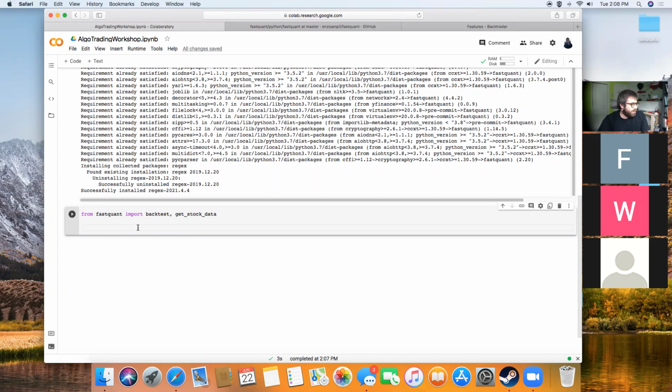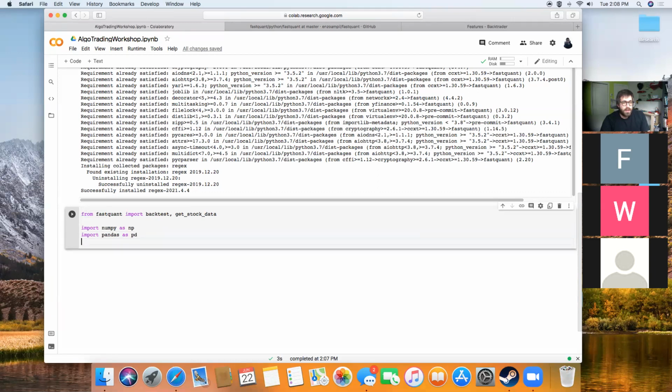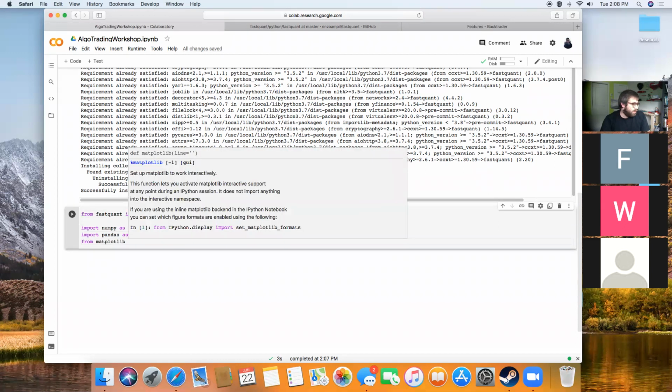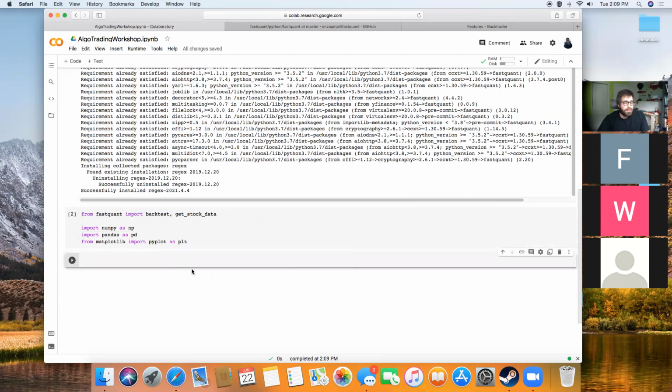While we're at it, we'll import some stuff that we might use: pandas and NumPy, and maybe matplotlib for plotting, although I don't think we'll use it specifically because we'll be plotting things from pandas directly, but it's good to import it. There are other things we're going to import from FastQuant, but we'll get to that later.